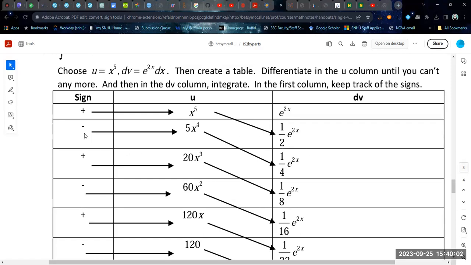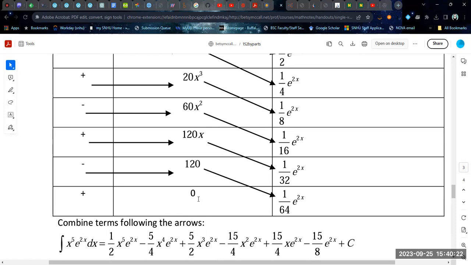And then the next line down, you take the negative 5x to the 4th times 1/4 e to the 2x. And then, because now it's a minus minus, it's a plus again, 20x cubed times 1/8 e to the 2x. And you keep combining diagonally on these rows until, again, you get to the 0, because even if you were to keep integrating, you're now multiplying by 0 all the time. So your last step is right above the 0, in this case minus 120 times 1/64 e to the 2x.